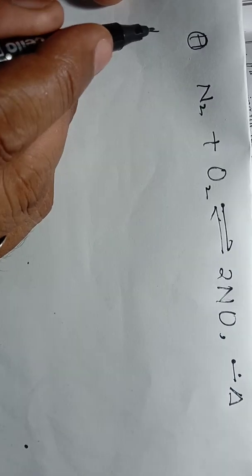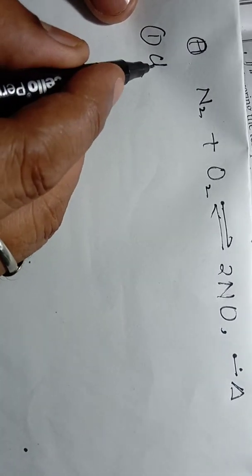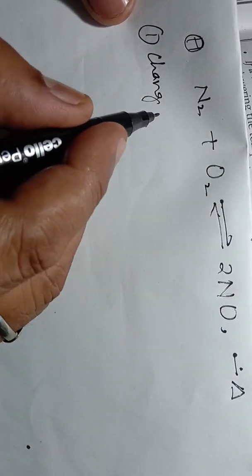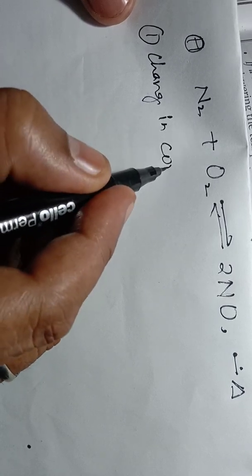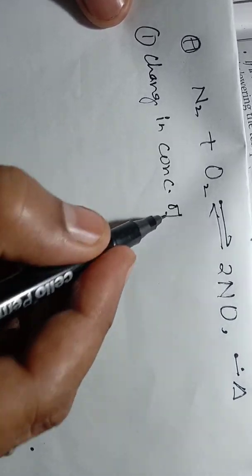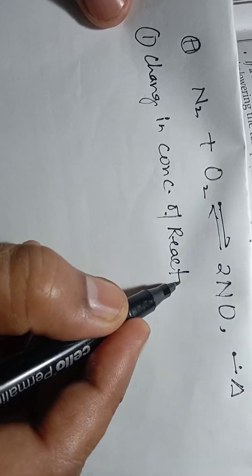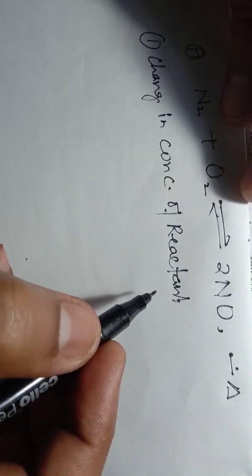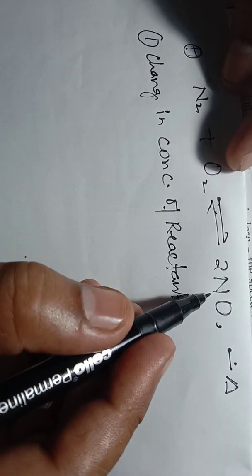So first, change in concentration of reactant. What will we do to get more amount of nitric oxide?